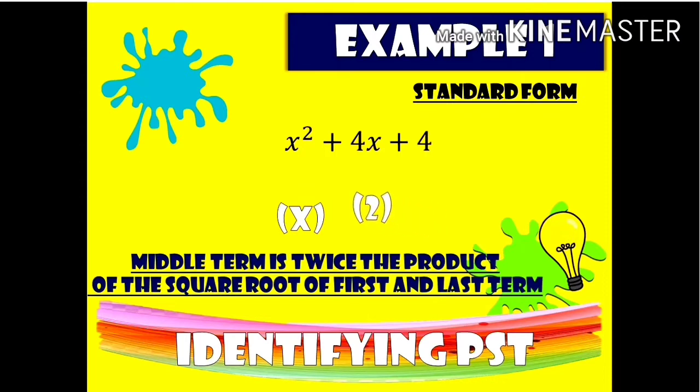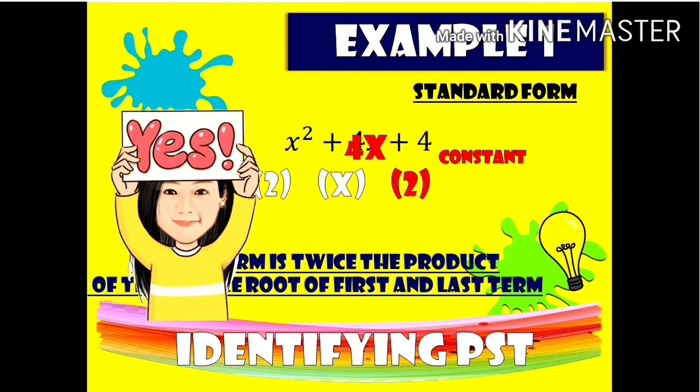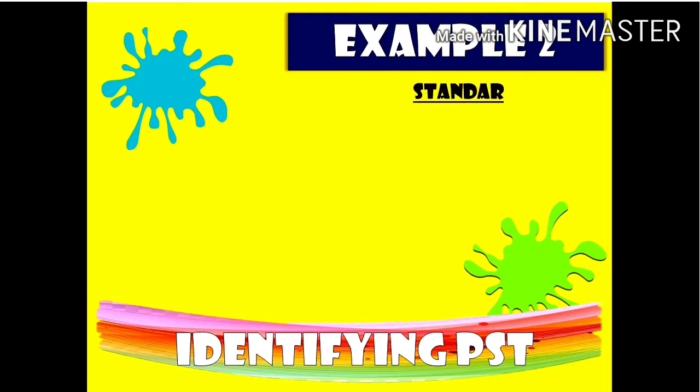So, we are going to multiply 2 times x times 2 kasi yun yung constant. And then, the product is 4x, which is our middle term. So, ibig sabihin, this is an example of perfect square trinomial. Let's have another example.